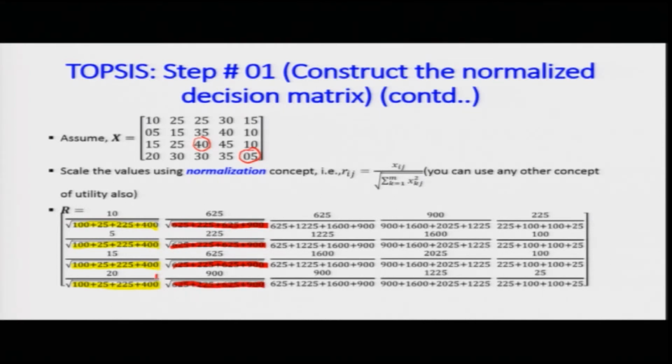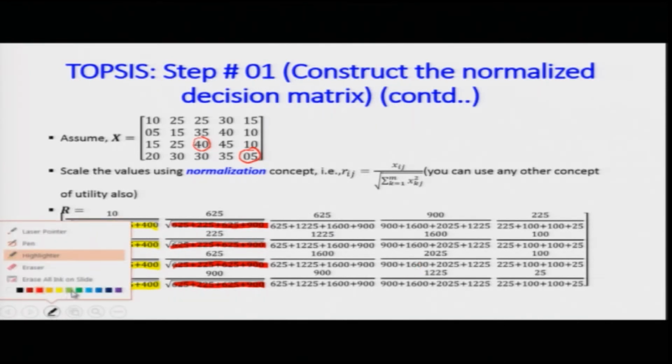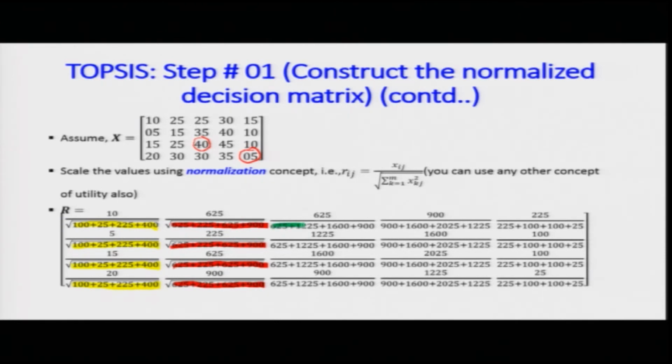Here I have considered the square root in the corresponding third, fourth, and fifth columns. I am not considering the square root, but I am just giving an example. So, they are again square values of each cell value in the third column. Similarly, for the fourth, I should also mark it with blue color, so you will understand.